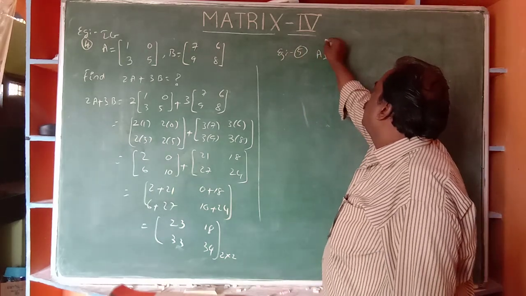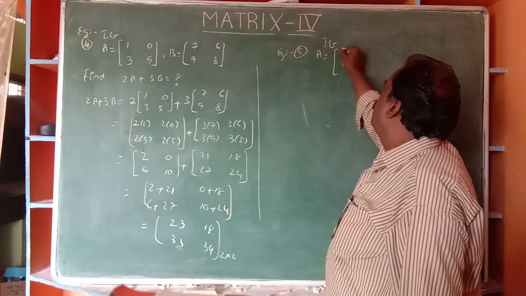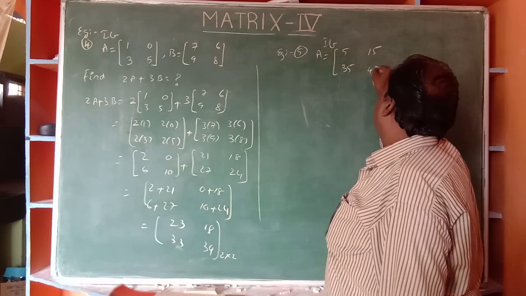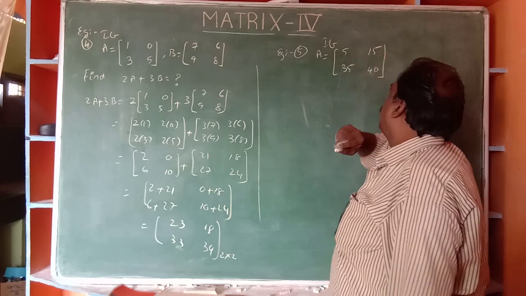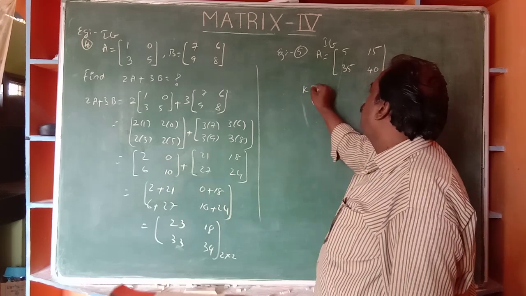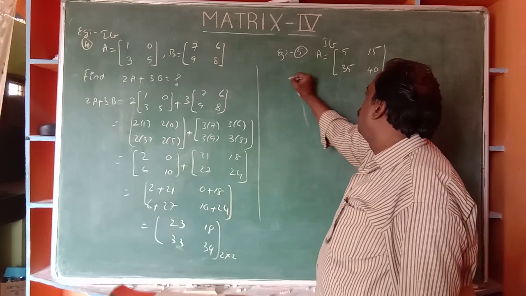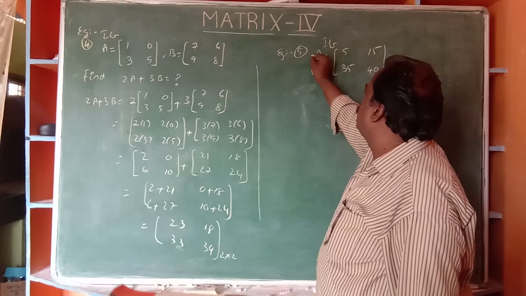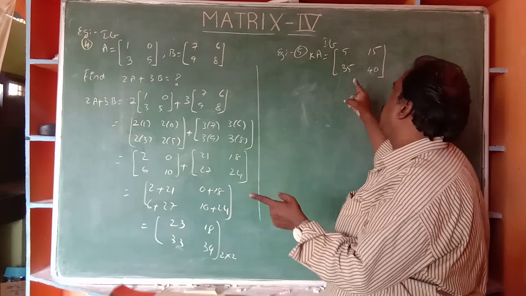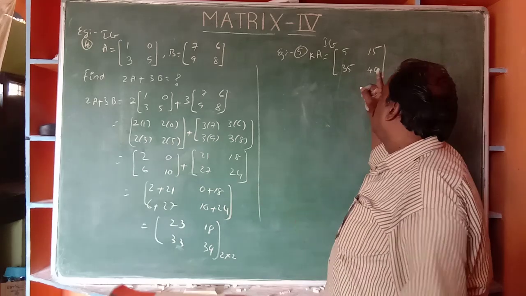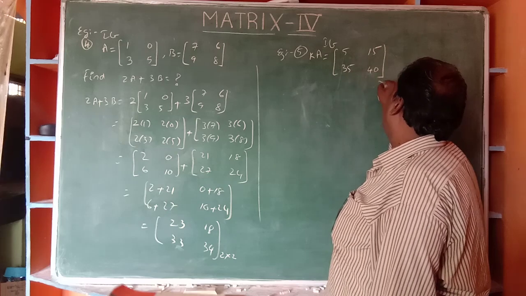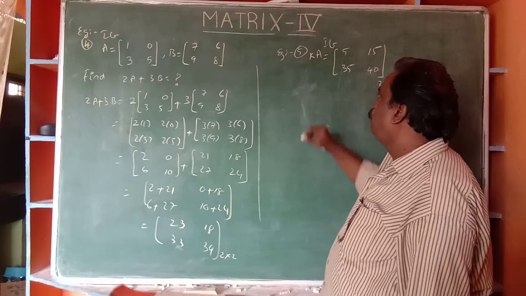And the last example, observe me. Suppose KA is 5, 15, 35, 40, a 2 by 2 matrix.